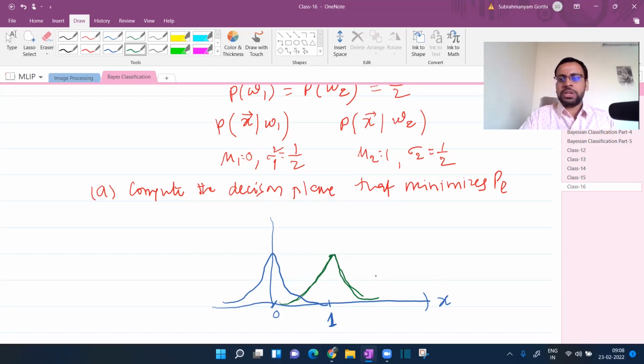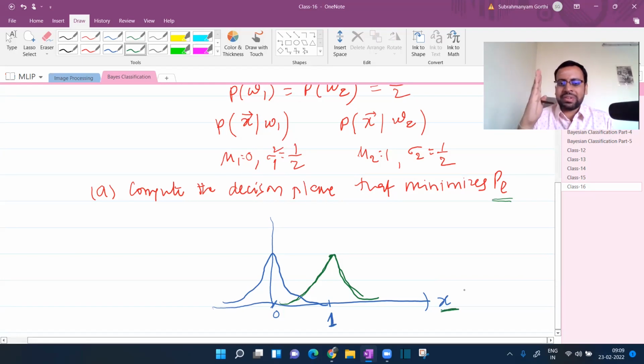And if it is computing PE, what is it equivalent to in these graphs? Which one does that correspond to? So decision plane means what is it that you have to find out, for which x value? This x is varying here.